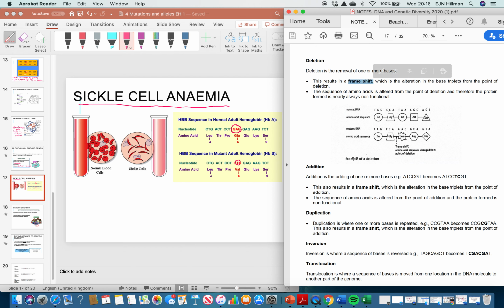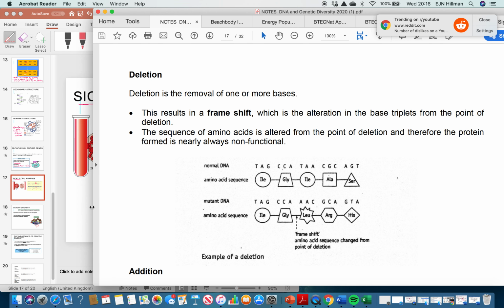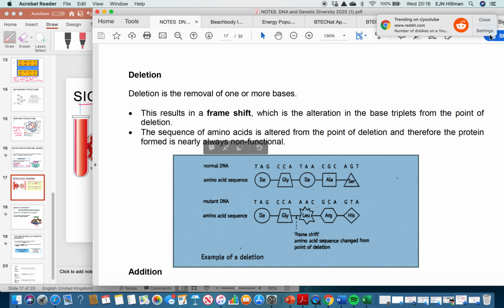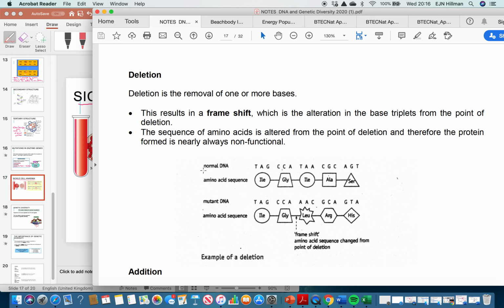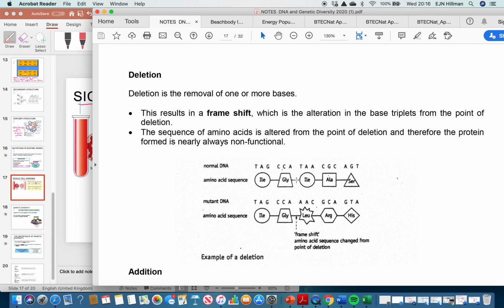Now frame shift means, well, if we have a look at this diagram down here, let's try and expand on this, make it a bit bigger. Okay, so here is the normal DNA. So this is before the mutation, and we can see a deletion has taken place here.